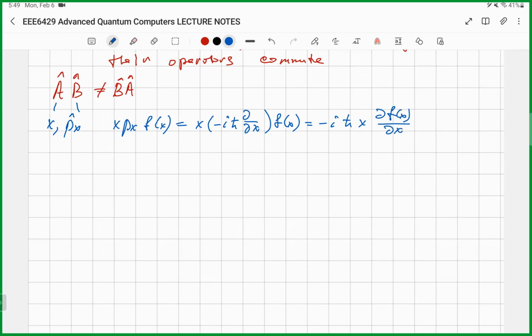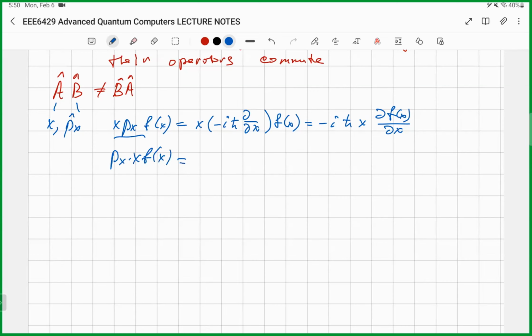This is the result of the operator x px. But if I flip the operators, I will get px times x acting on f(x).